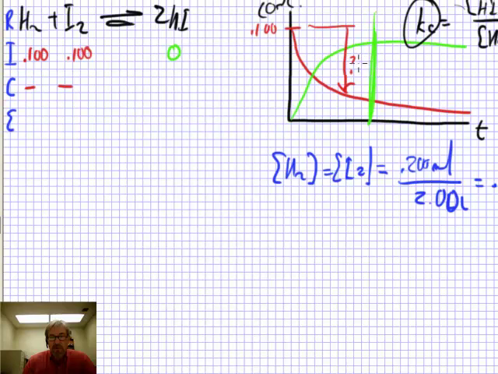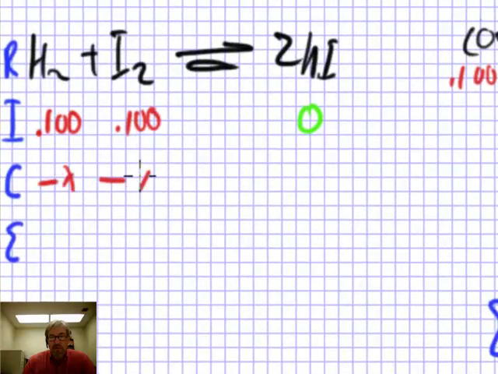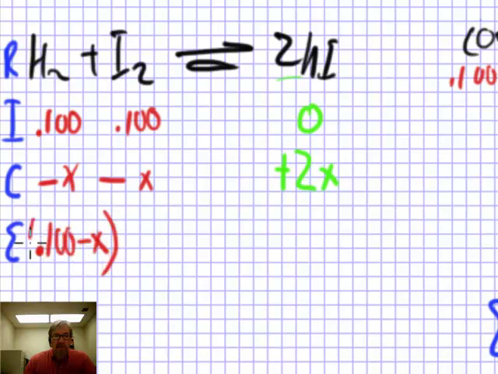So let's call it X. So this value drops by X. Because of stoichiometry, every time we use up a mole of H2 or I2, we're going to create 2 moles of HI because the coefficient is 2. So if we lose X moles of H2 and I2, we are going to gain 2X moles of HI. So our concentrations when we reach equilibrium are this. In the E row, 0.100 minus X will be the concentration of H2, the concentration of I2 will also be 0.100 minus X, and the concentration of HI will be 2X.